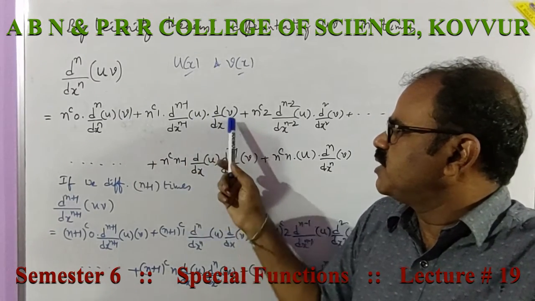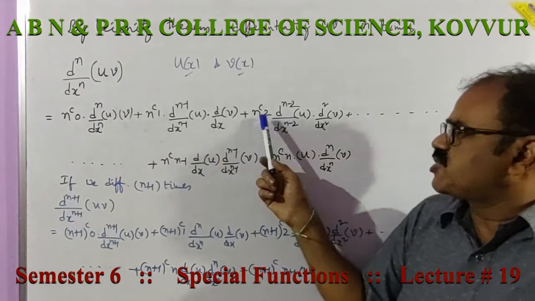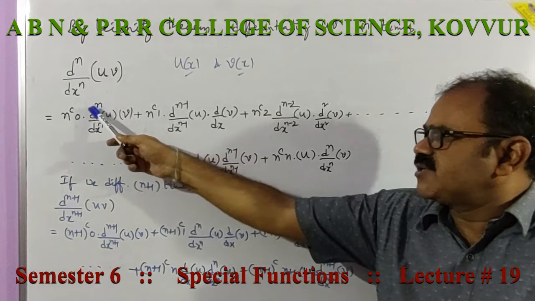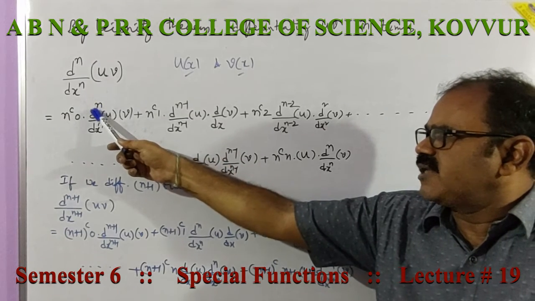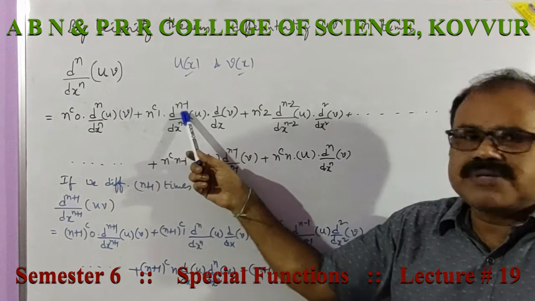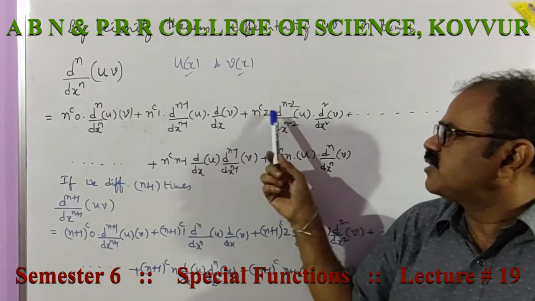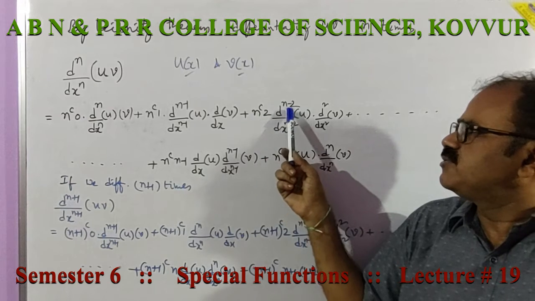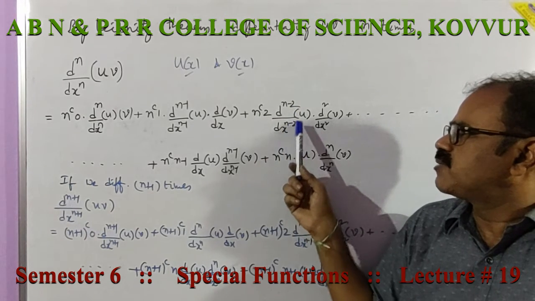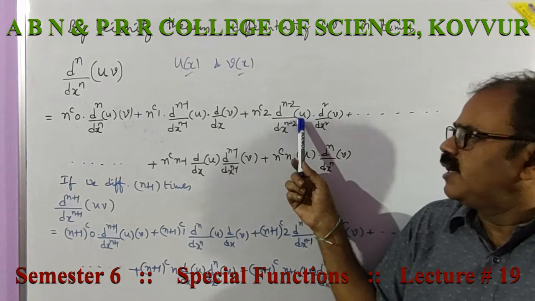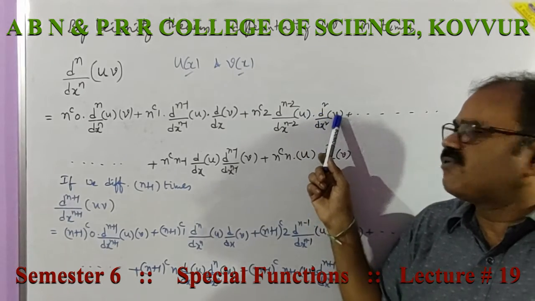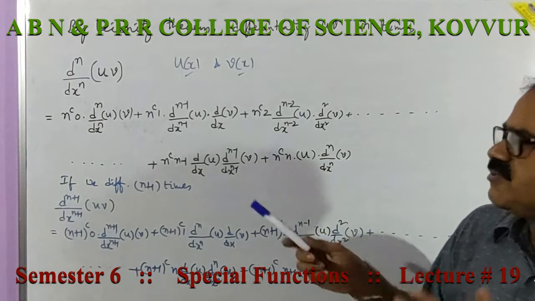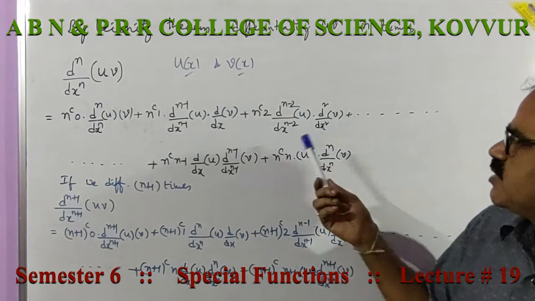Here no derivative, here first derivative. In the next term nC2, d power n minus 2 by dx power n minus 2 of u, and here second derivative of v. The derivative of the second function is rising, the derivative of the first function is decreasing.